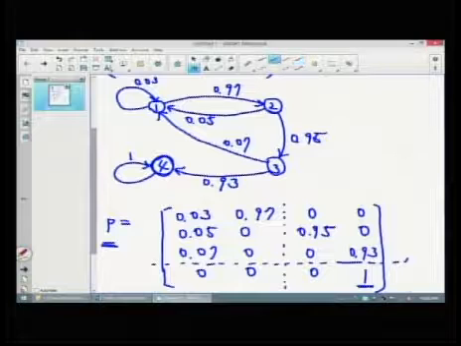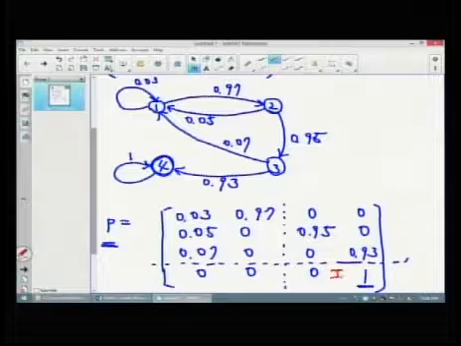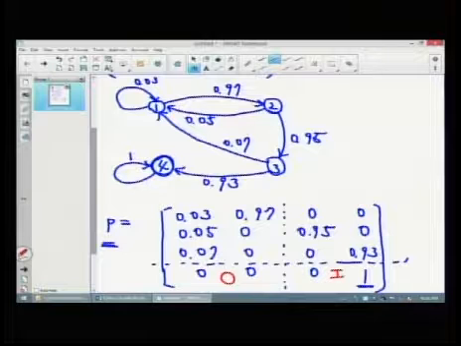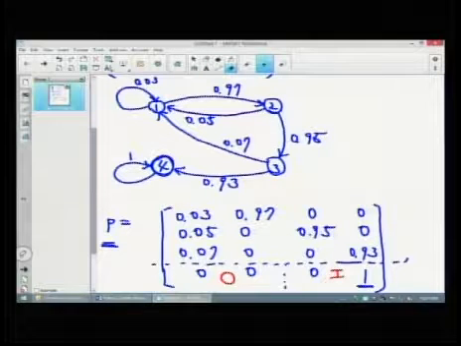So we have down here the identity matrix and 0. Sorry, I did it wrong. We cannot do this, right?